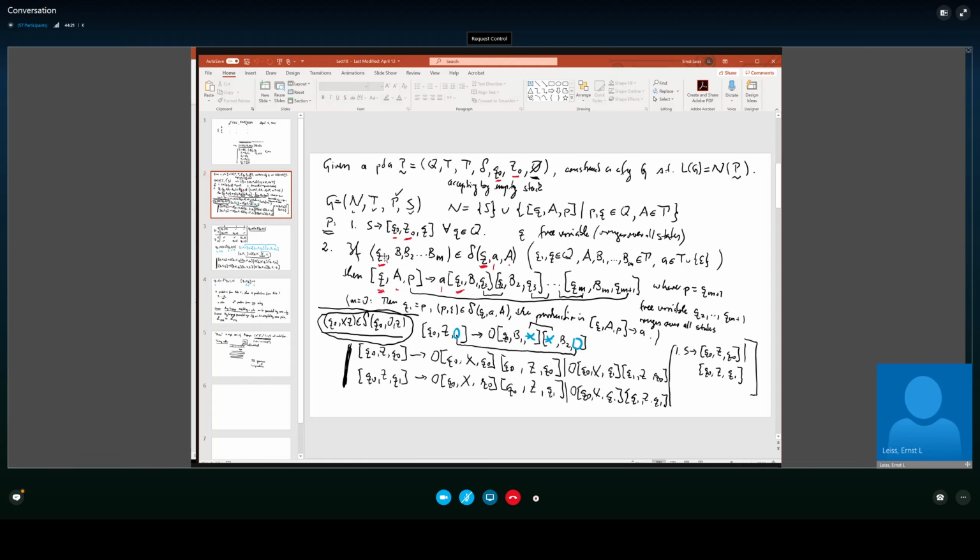But this Q1 is that, and then you have Q2, Q3 through Q(m+1), where the Q(m+1) is basically this. And you just have to do the pattern matching as I have indicated here.